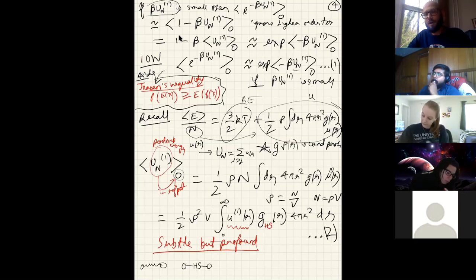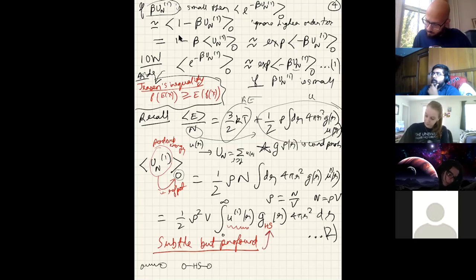If g of r was coming from the true potential, then the whole exercise would be completely useless because that g of r is going to be complicated. The g of r for a hard sphere is something that you did in the last homework, right? It's kind of trivial. We have done it in class also. So the idea here is that this g of r is for the reference potential. And that's why this problem becomes easy to do.